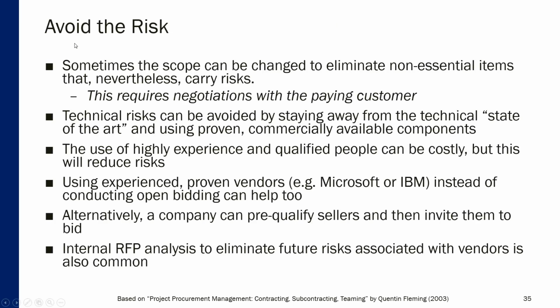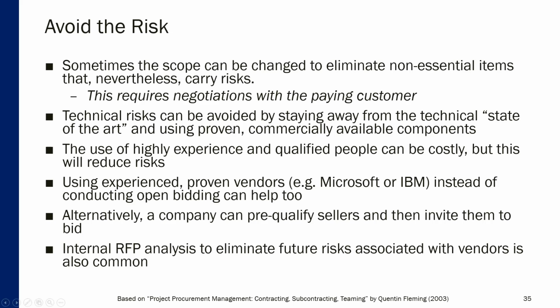Avoiding the risk. Sometimes the scope of the project can be changed to eliminate non-essential items that nevertheless carry risk. And that, of course, requires negotiation with the paying customer, the party for which your project is initiated. So some items can be simply eliminated to make sure that they don't introduce any unnecessary risk to your project.